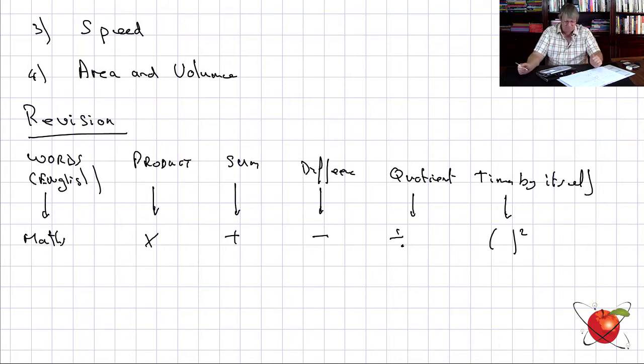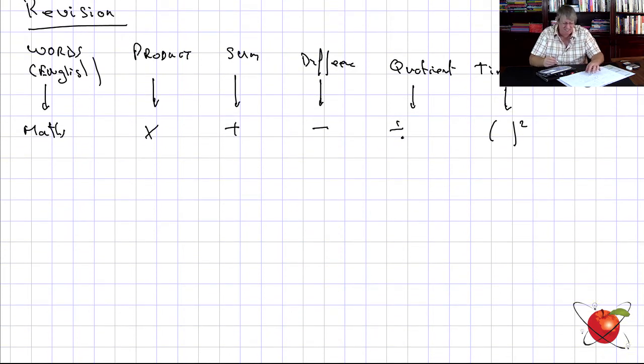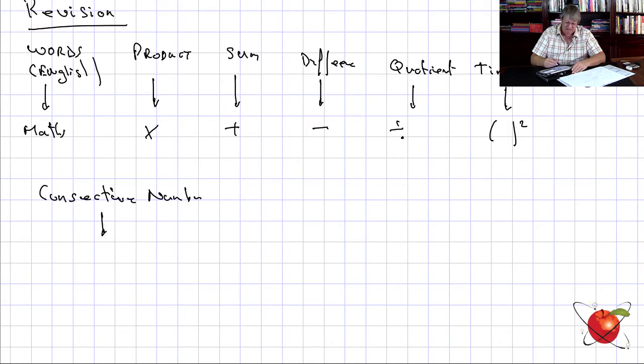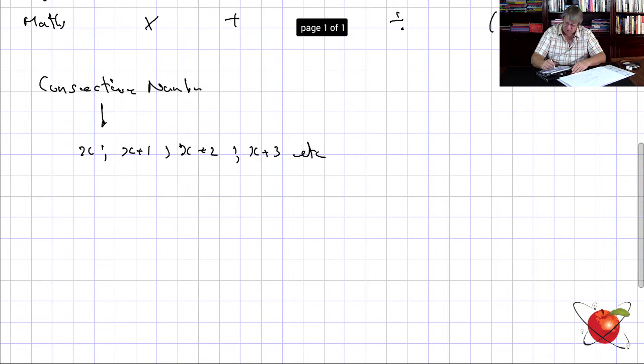All right. So, other things. Here's another one. Consecutive numbers. In English, that's that. In maths, that means x, x plus 1, x plus 2, x plus 3, etc. This is where it throws a lot of people. Consecutive even.